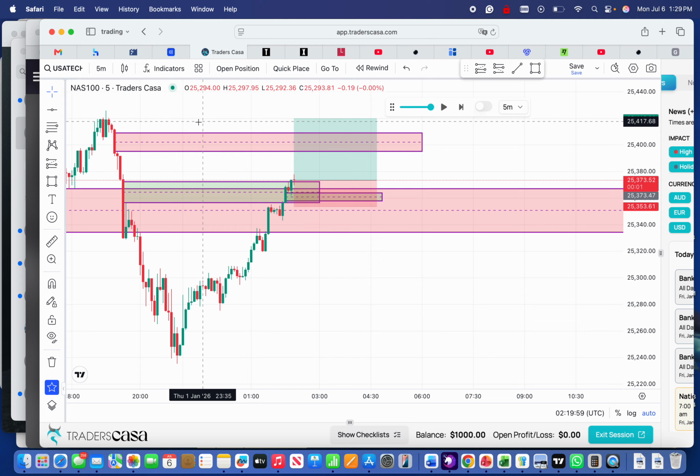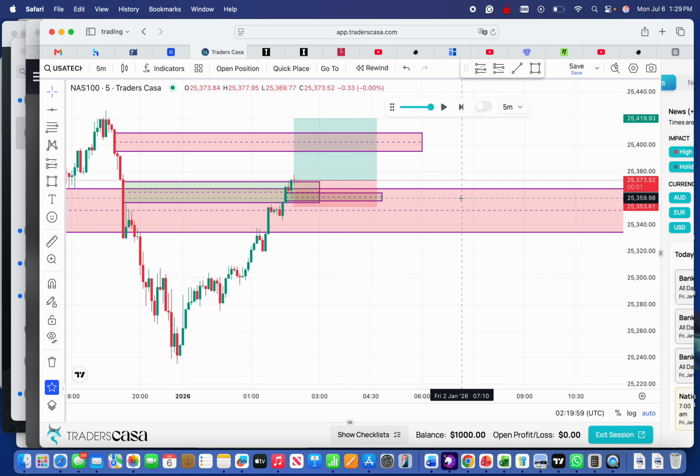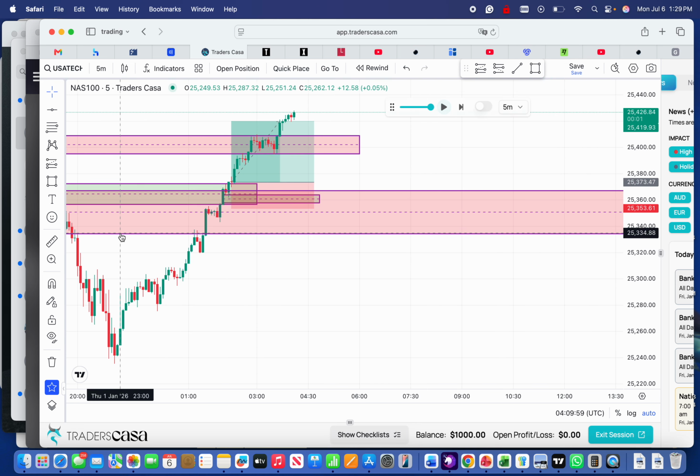Or if you wanted to be a runner, which I think off of this high time frame inversed gap, that it can run a little bit higher and inverse just a simple 5 minute. So let's go ahead and see if I'm right. And I was right. So that is exactly how I trade, and that is exactly how I take my trades.